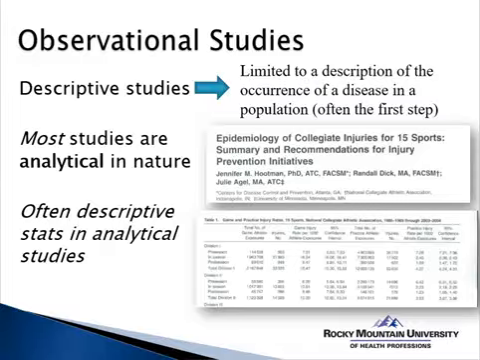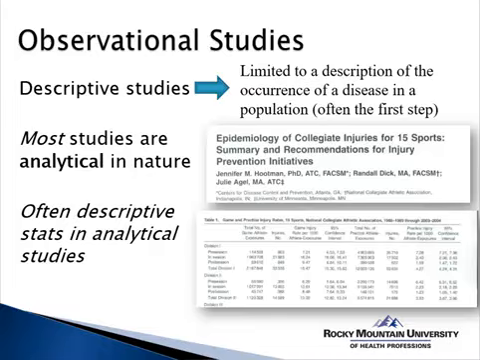Shown here is an article from the Journal of Athletic Training looking at only the descriptive presentation of injury rates based upon the time of the sports calendar: preseason, in-season, postseason. Could that be a little analytical? Yeah, it could be. But we don't get a great sense if there's a statistically significant difference just from looking at Table 1.